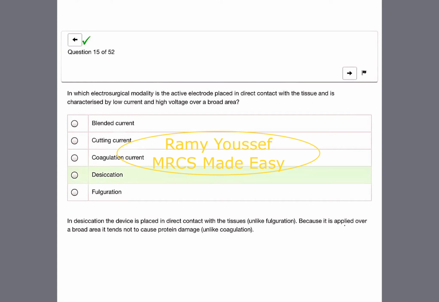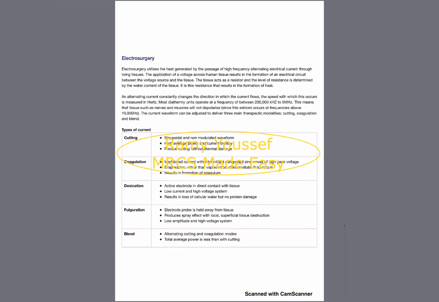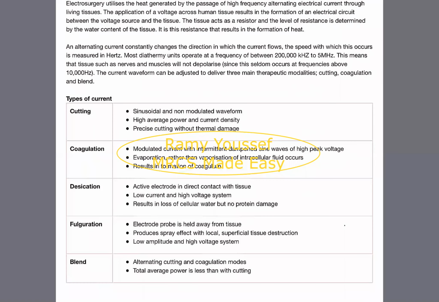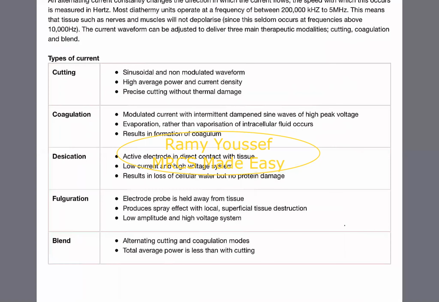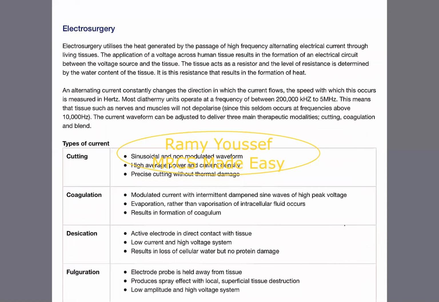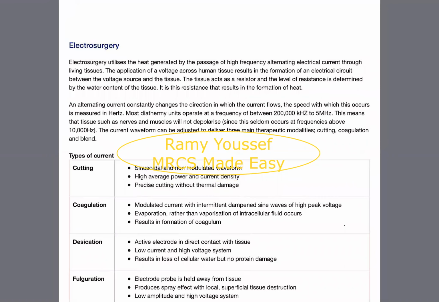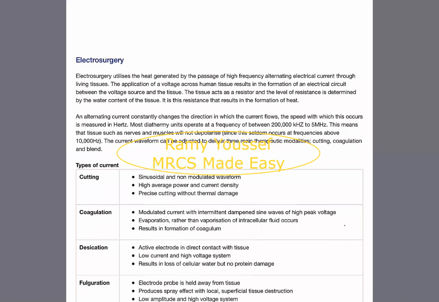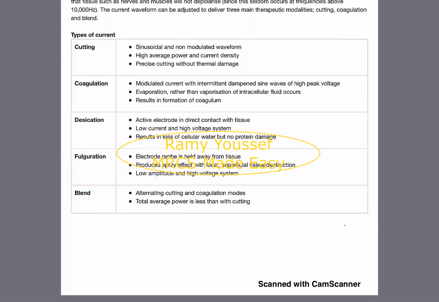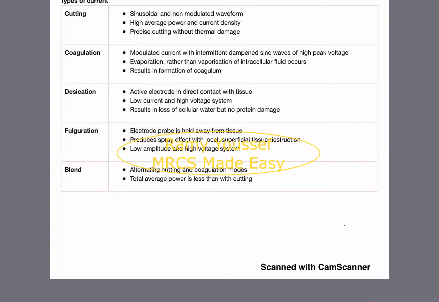Again, let me remind you of what we said last time.